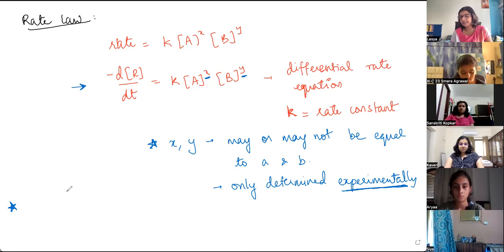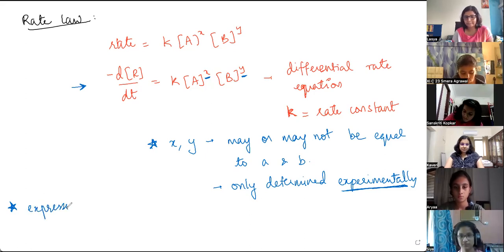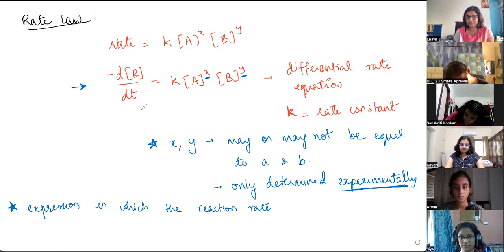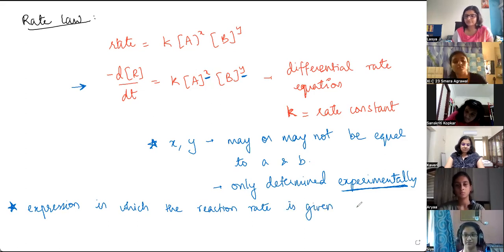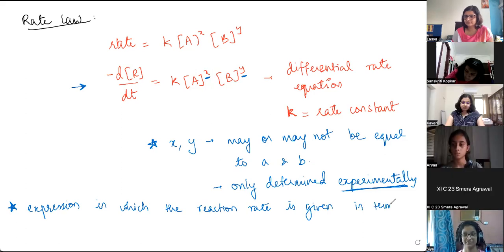Yeah, if you want, it's an expression in which the reaction rate, so that's the LHS, the reaction rate is given in terms of what?